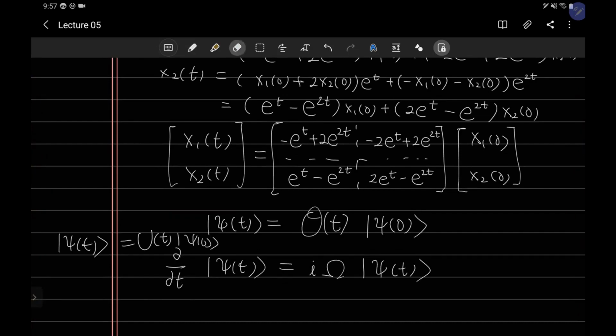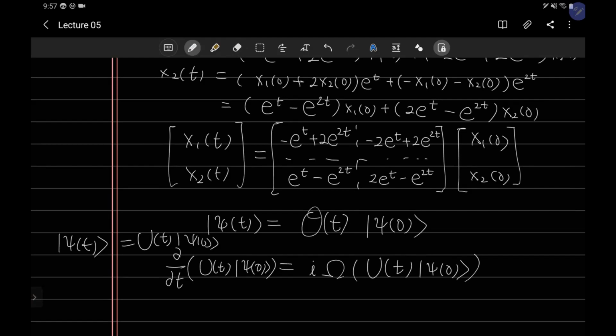So by replacing that, I would have the time derivative of u of t psi 0, and I will also have this part replaced by u of t psi 0.